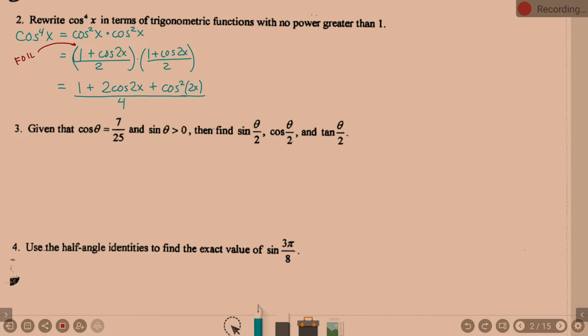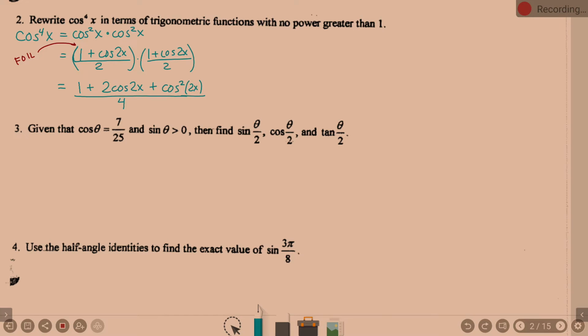Am I done? I don't believe so. Why not? We have a square. We have a squared back in there again. The problem with starting with a higher power like the fourth is that now we still have a squared. That's a slight issue.